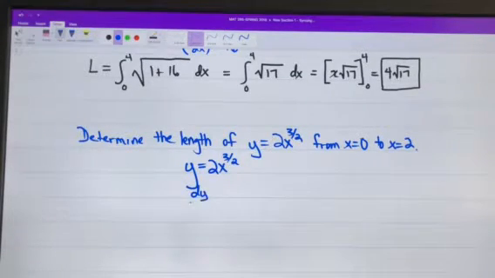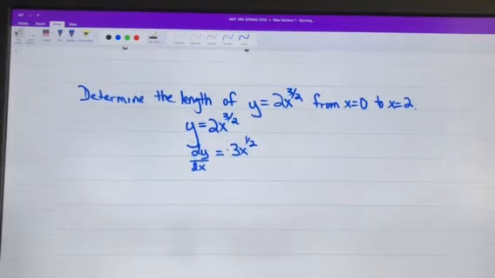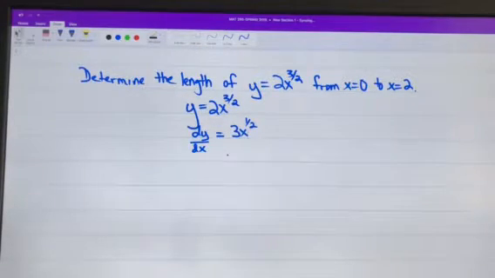So in this particular setup, I have that y is equal to 2 times x to the 3 halves. And we have for dy over dx, taking the derivative of both sides, I have 3 times x to the 1 half. So 3 halves times 2 is 3, and x to the 3 halves goes to x to the 1 half.